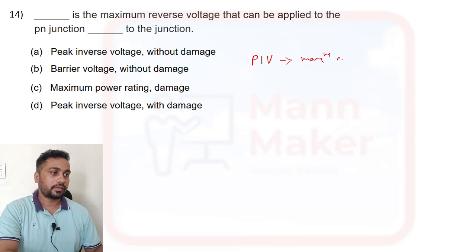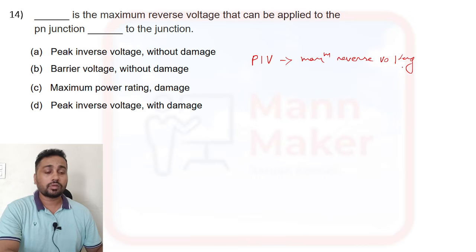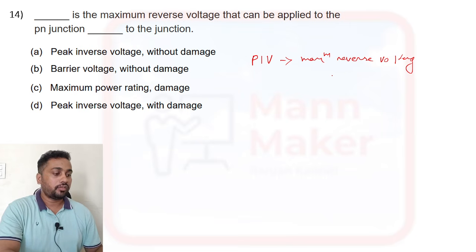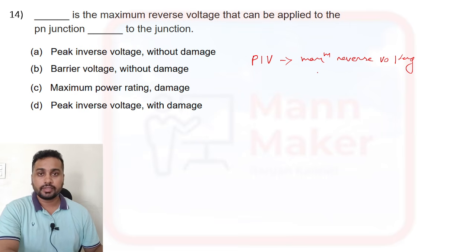maximum reverse voltage, or maximum value of voltage that can be withstood by a PN junction diode without damaging. Okay, this is the maximum value of the reverse voltage that will be withstood by the PN junction diode without damaging that diode.